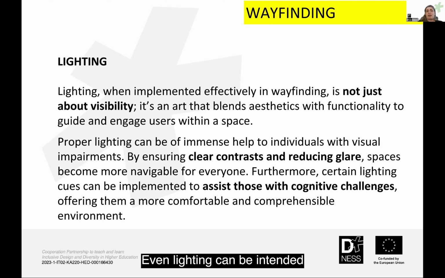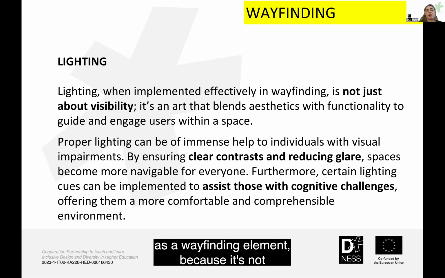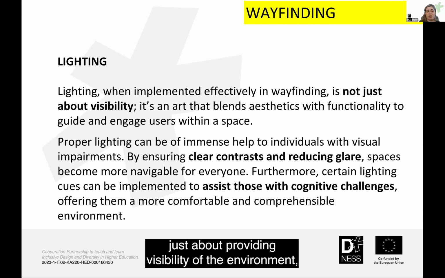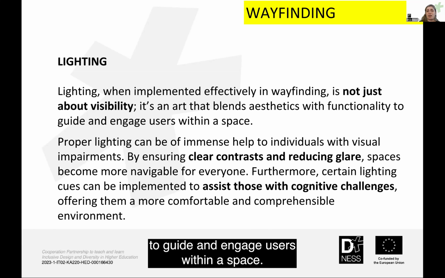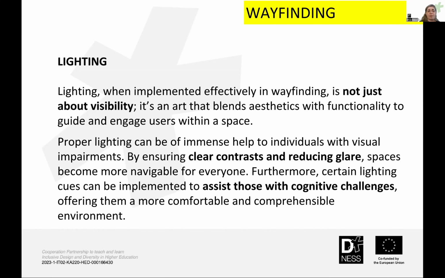Even lighting can be intended as a wayfinding element because it's not just about providing visibility of the environment, but it blends aesthetically with functionality to guide and engage users within a space.